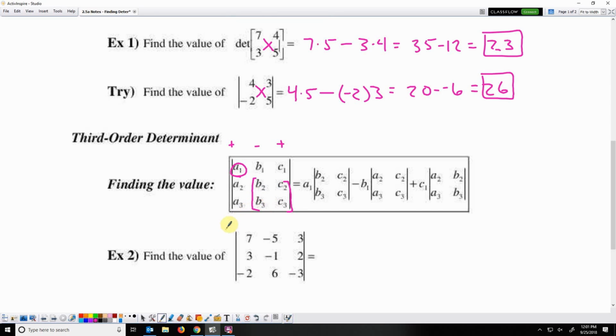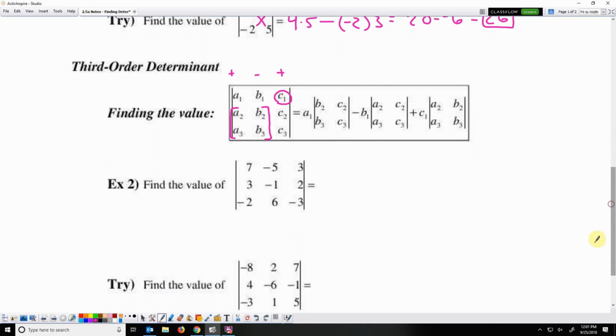Then we move over to the next column, and we multiply that by the matrix from the 2 outer columns. And then we move over to the third column, and we multiply that by the matrix made from the other 2 columns. So whatever column you're in the top row, you're using the other 2 columns in the bottom 2 rows.